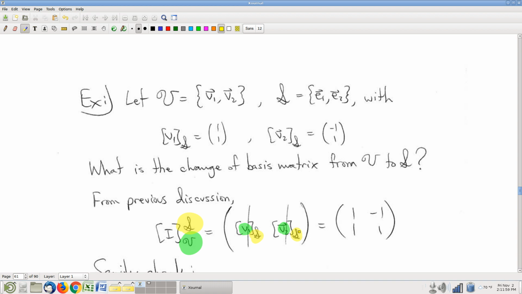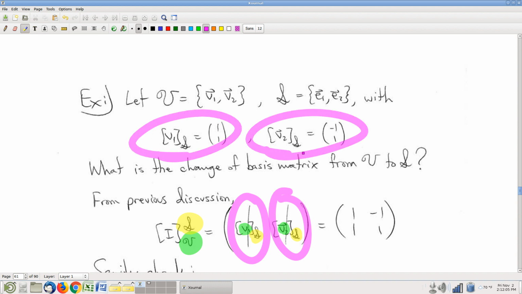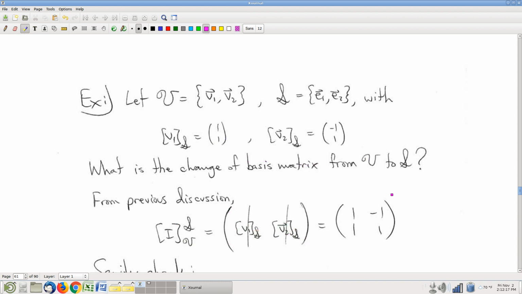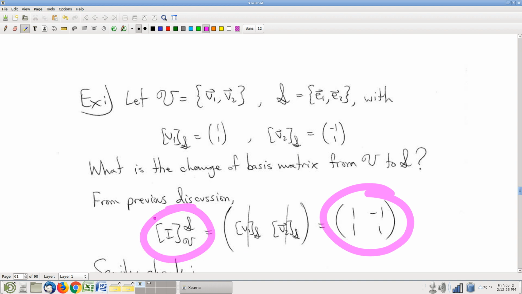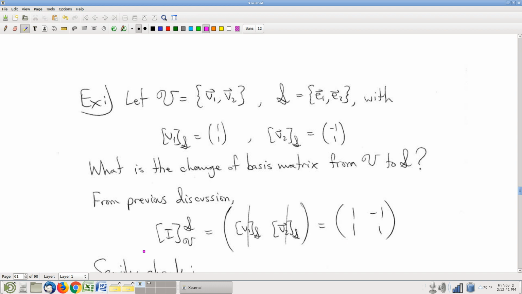That's the formula on the previous page. Notice these two columns were in fact given in the statement of the question. Lucky break. And so there's the matrix that does this. So this thing right here is the change of basis matrix from V to S. This matrix will multiply by V coordinates of a vector and will then return to you the S coordinates of exactly the same vector.